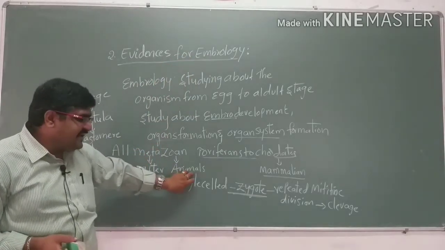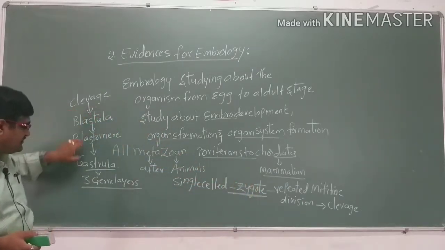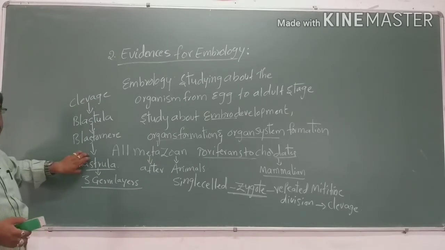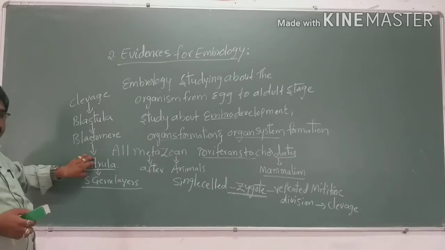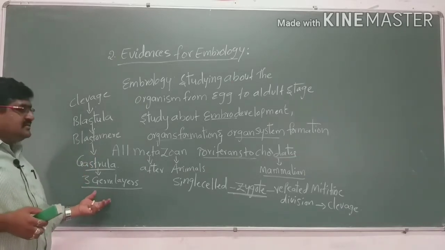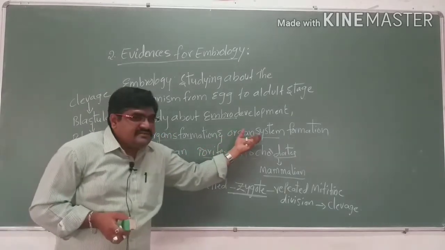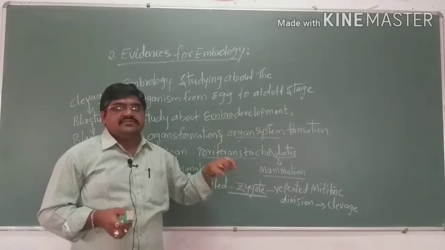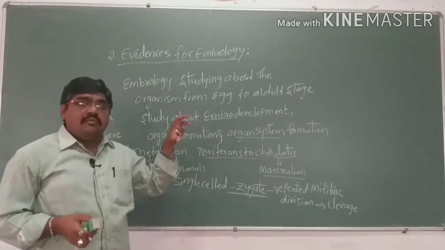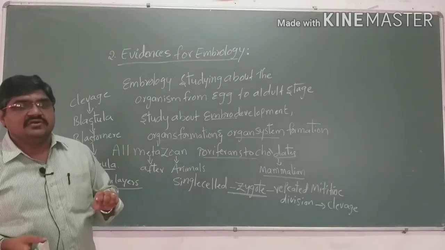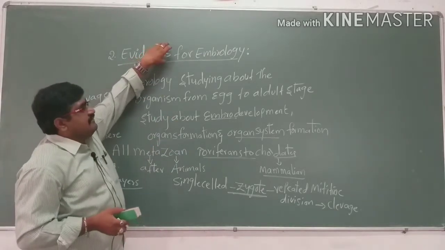From a single cell it develops into a zygote, from zygote into blastula, from blastula to gastrula, and from the three germ layers it develops into organs and organ systems, and then into an individual organism, showing common ancestral characters. This is an example of evidences for embryology.